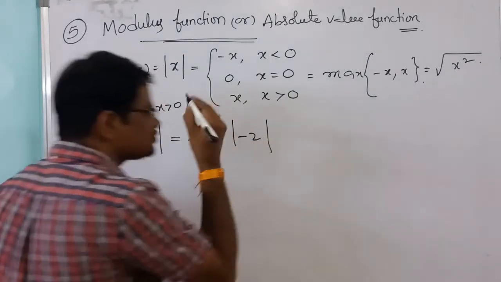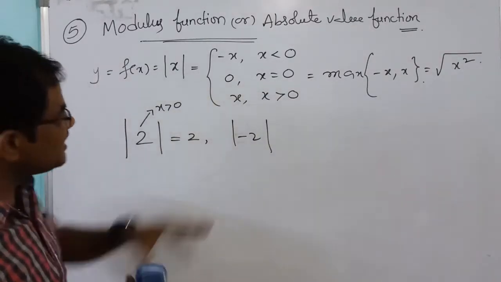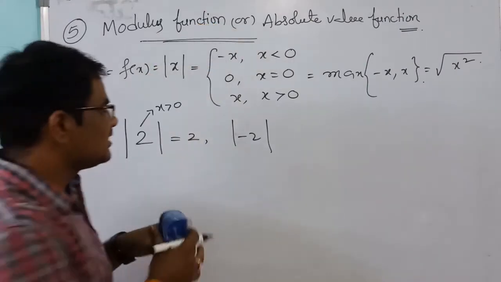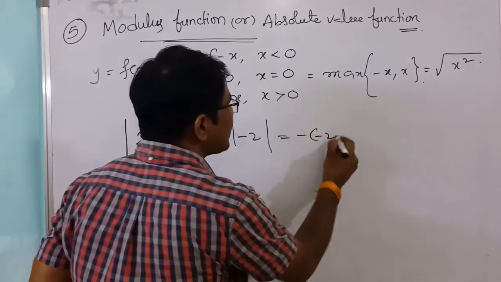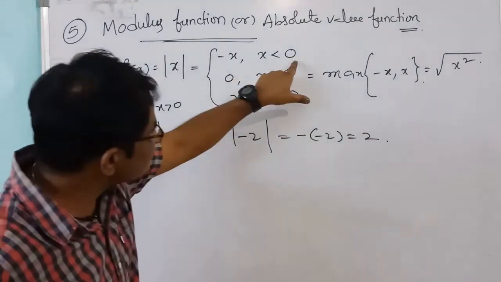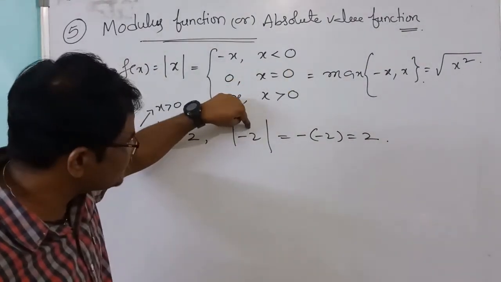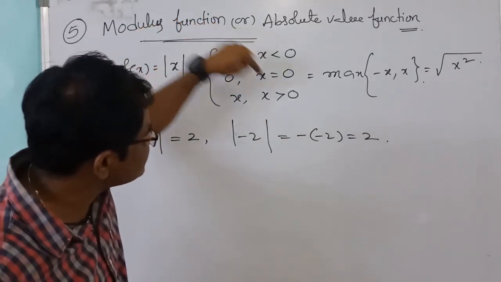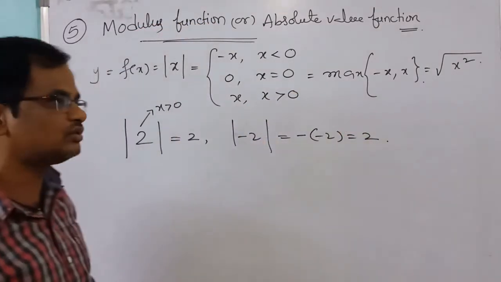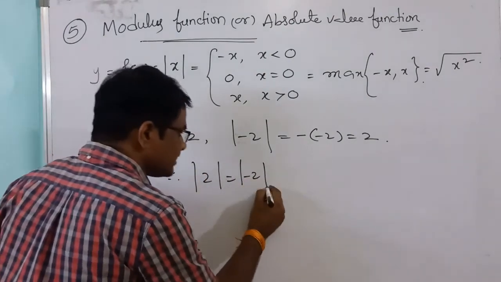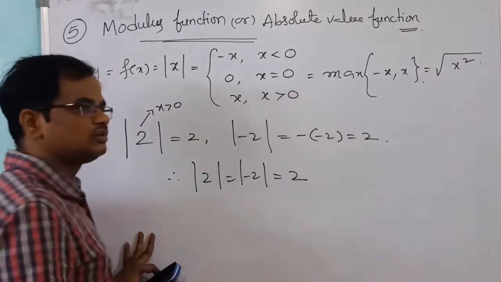Modulus of minus 2: whenever x is less than 0, mod x is what? Minus x. Means minus of minus 2, that is equal to 2 only. Carefully observe. Whenever x is less than 0, mod x is minus x. Therefore, mod of 2 equal to mod of minus 2 equal to 2 only.